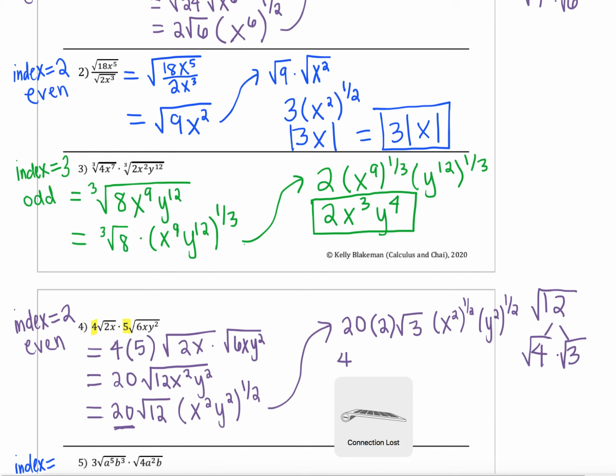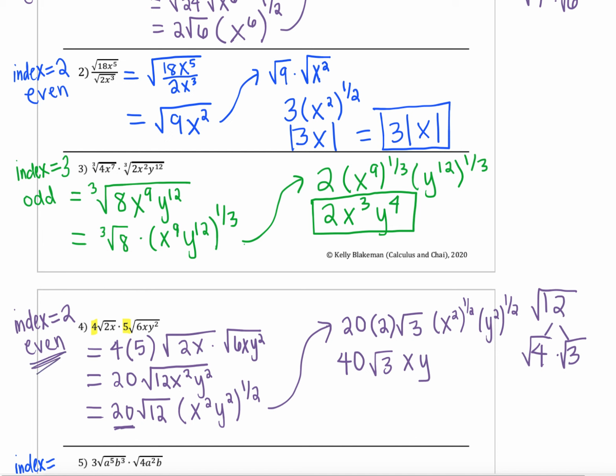Both of those we can multiply the exponents together to get 2 times 1/2, which will just give us x to the first and then y to the first as well. I've also multiplied out the 20 and the 2 because they are both outside of the radical. So we ended up with 40 times the square root of 3 and then the x times the y.